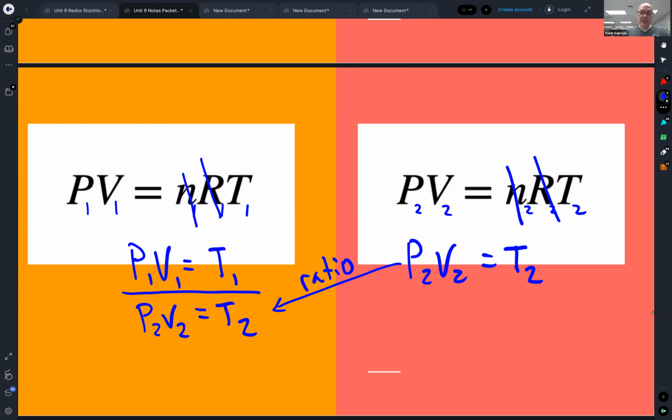So what I've got to do next is simplify this a little bit. I want to get all of the ones and all of the twos on the same side, so I'm going to rearrange. Because it is a ratio, this is just a form of cross multiplication.